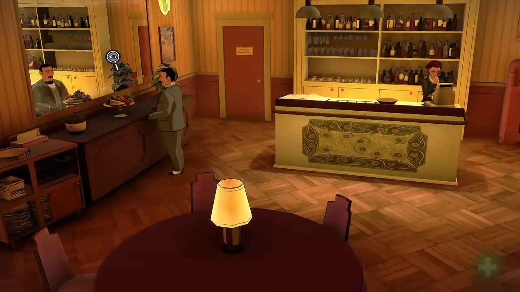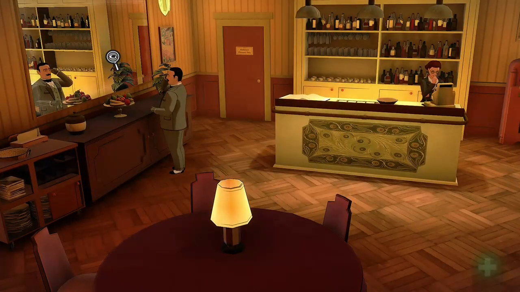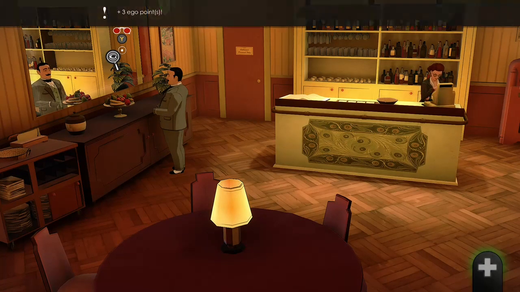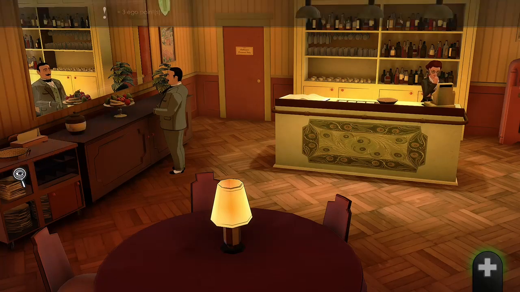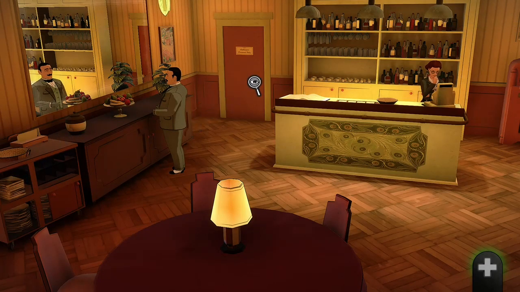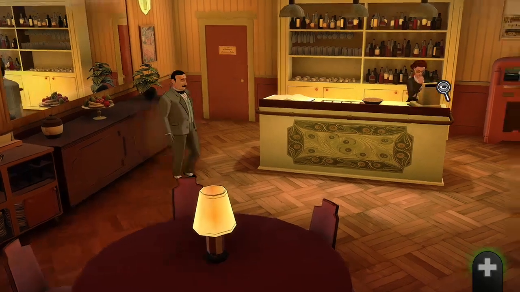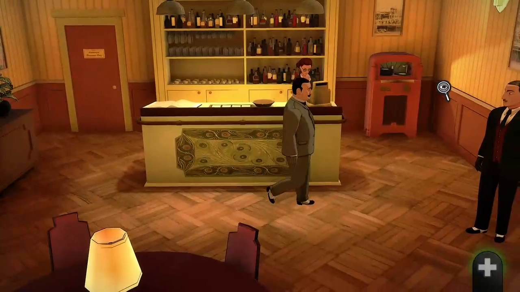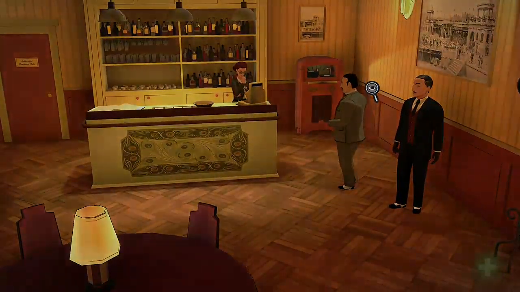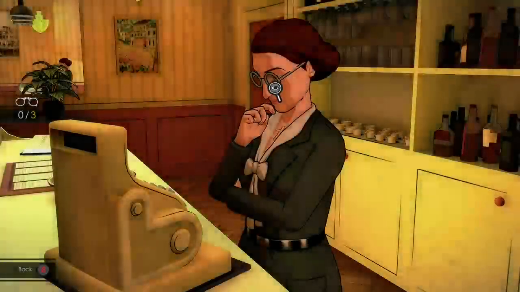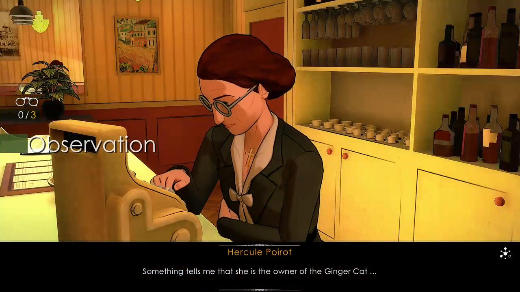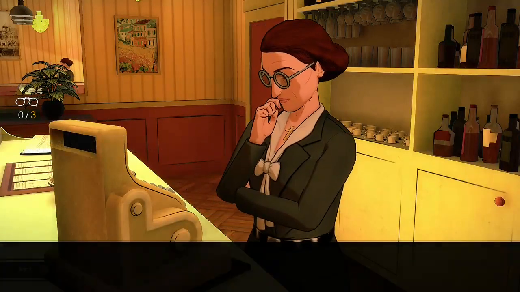We're gonna look at ourselves in the mirror. We seem to get ego points for looking in the mirrors. I don't even know what we're doing with the ego points. Something tells me that she's the owner of the ginger cat.